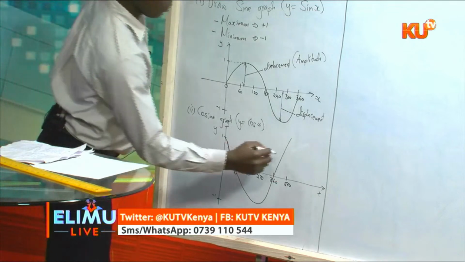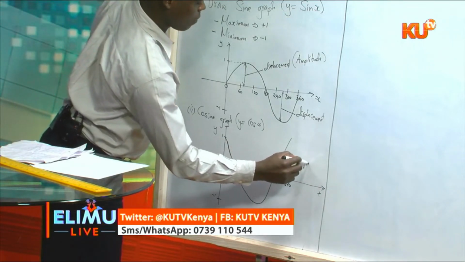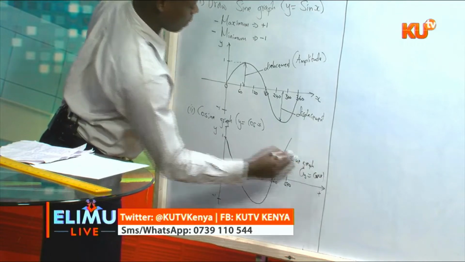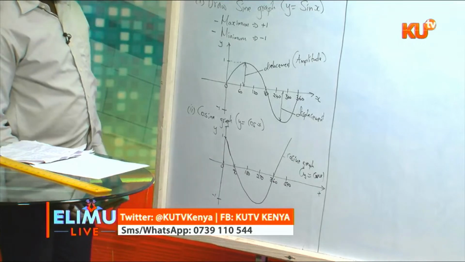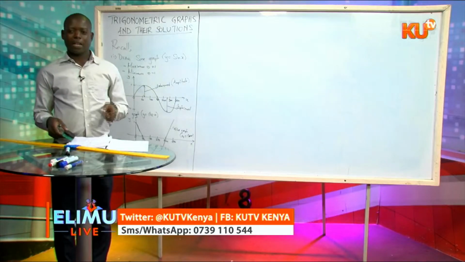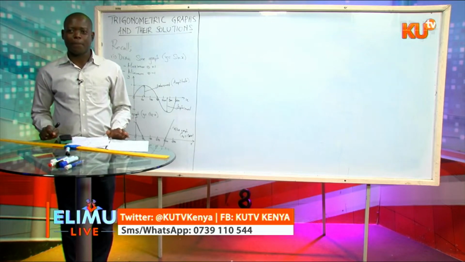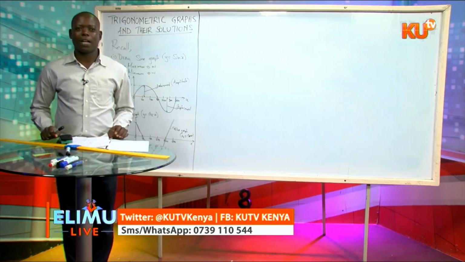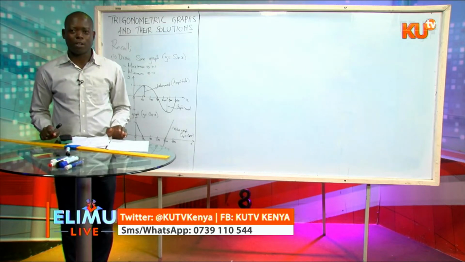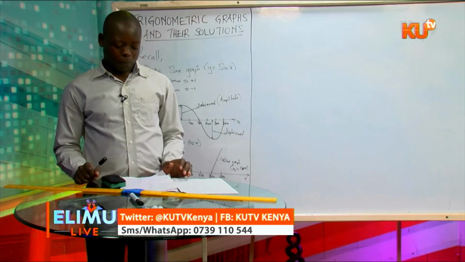This is the cosine graph, and in this case, y is equal to cos x. Again, you'll realize that the maximum point is positive 1, and the minimum point is negative 1. These are graphs of sine and cosine of x, and they are drawn in form 3 under trigonometry 2.